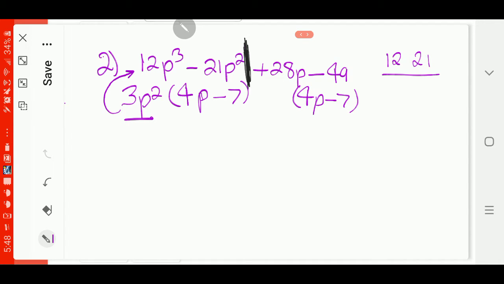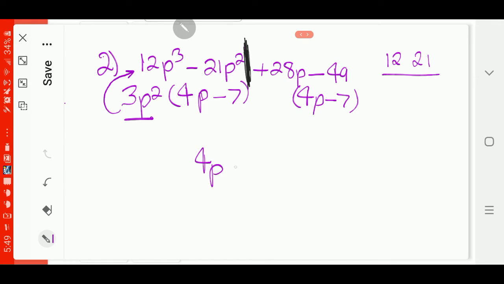Again, I cannot stress this more. These terms in the parentheses have to be equal. If they are not equal, you will not be able to factor your term by grouping. Okay, so now what we're going to do is find out what number we have to multiply 4p by to get 28p.